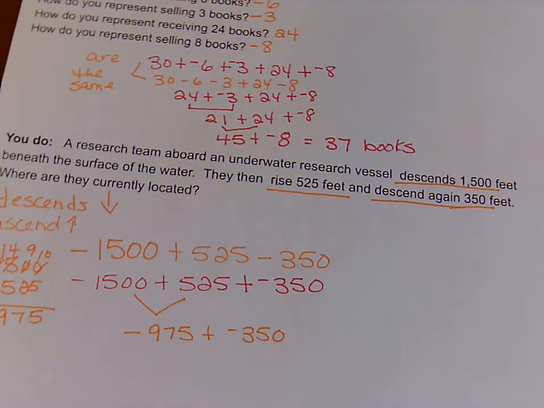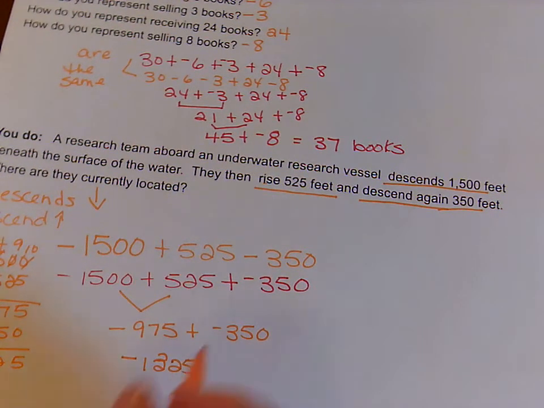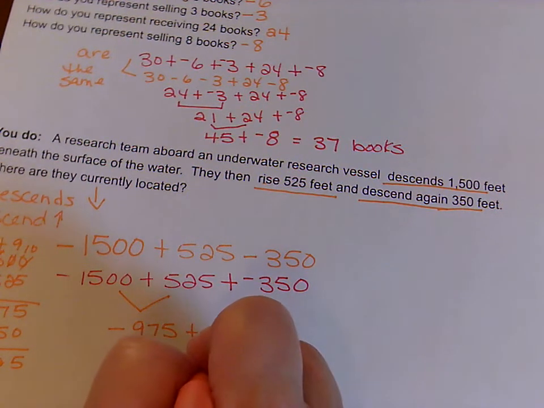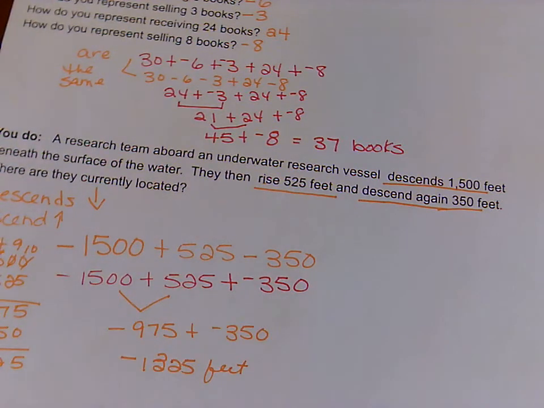Same sign, add and keep. So we're going to add 350 to that 975, and you get 1325, and it's the same sign, so it's a negative 1,325 feet. Any questions, please ask.